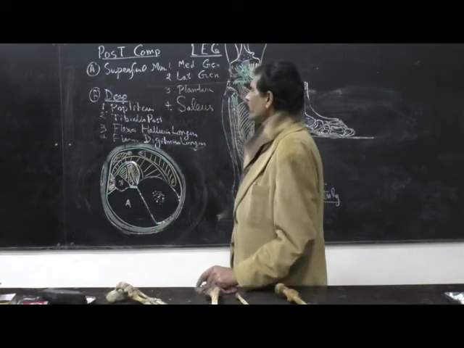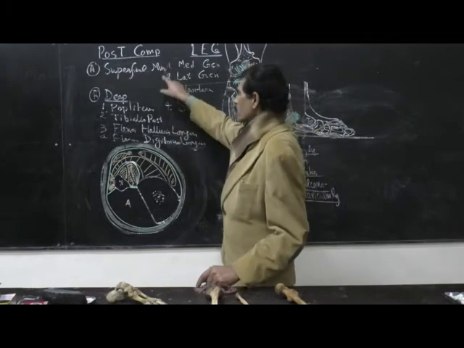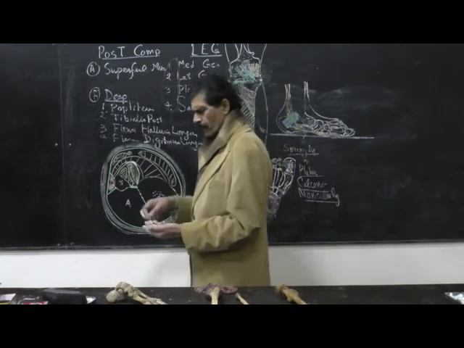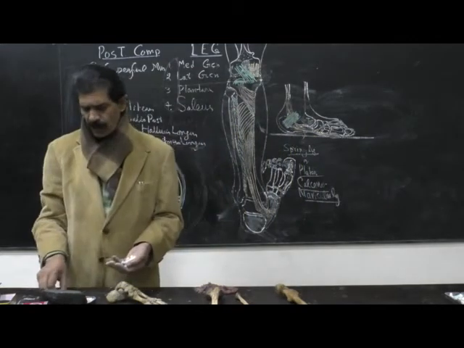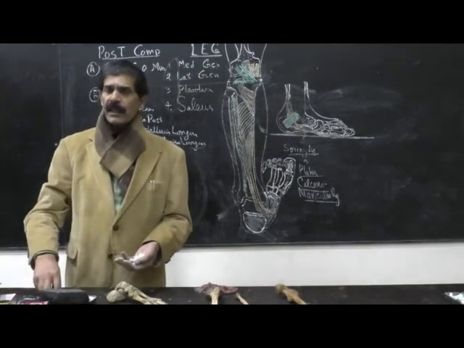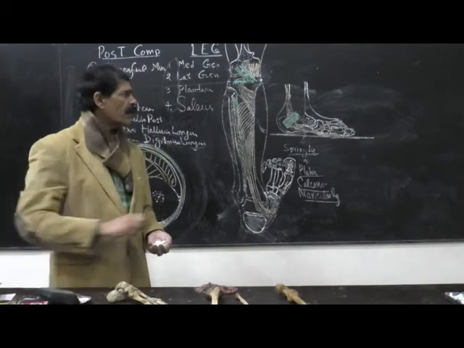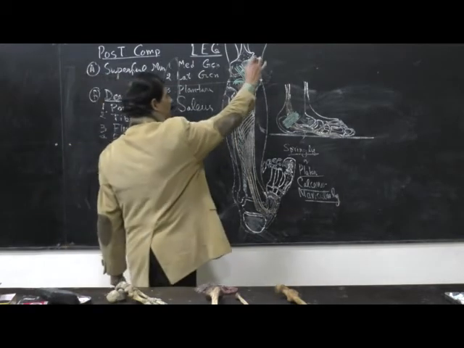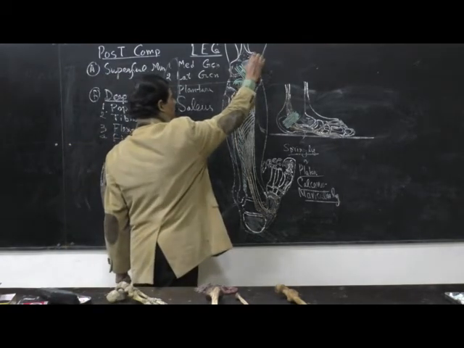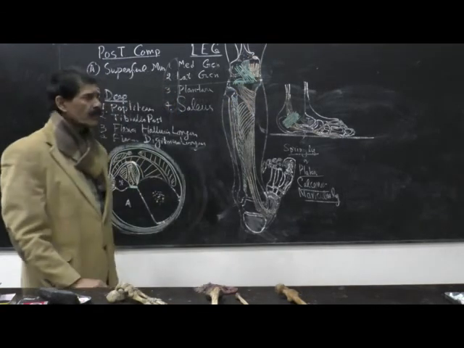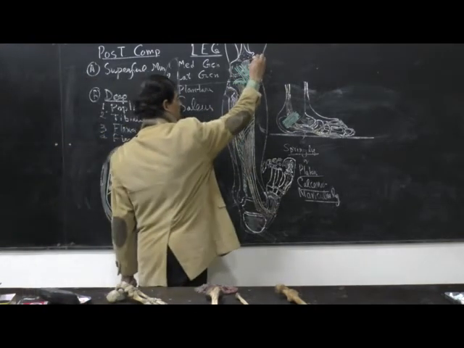Now comes the superficial 4 muscles. One is the medial gastrocnemius. This medial gastrocnemius muscle takes origin from the medial superior surface of the medial condyle of the femur, just near the adductor tubercle, outside the fibrous capsule of the knee joint.